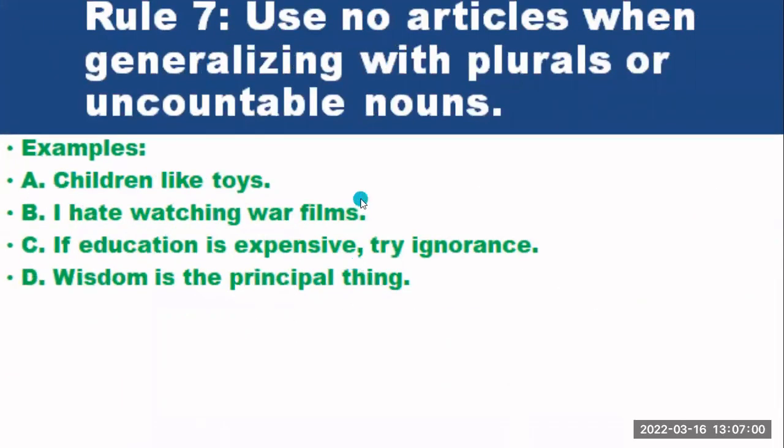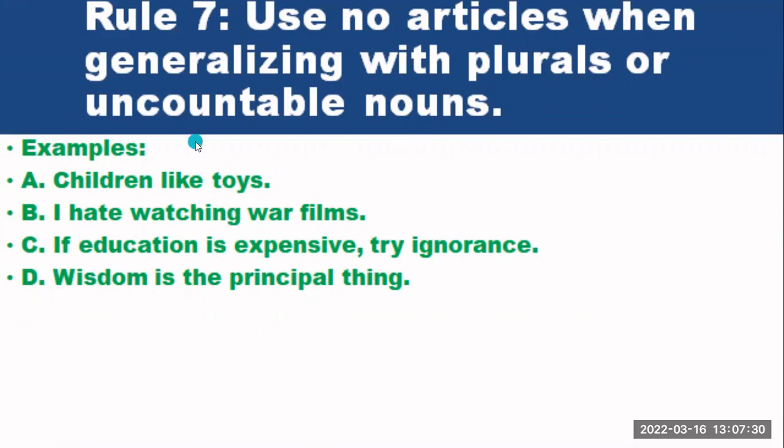Now, rule number 7, use no articles when generalizing with plurals or uncountable nouns. So there are 2 types of nouns that you won't use any article at all: when you are generalizing with plurals, or when you are generalizing with uncountable nouns.